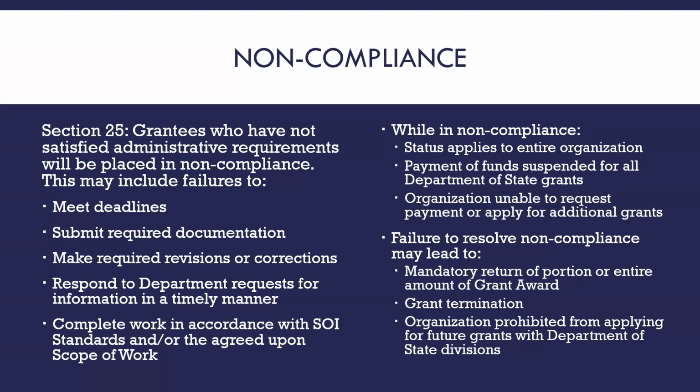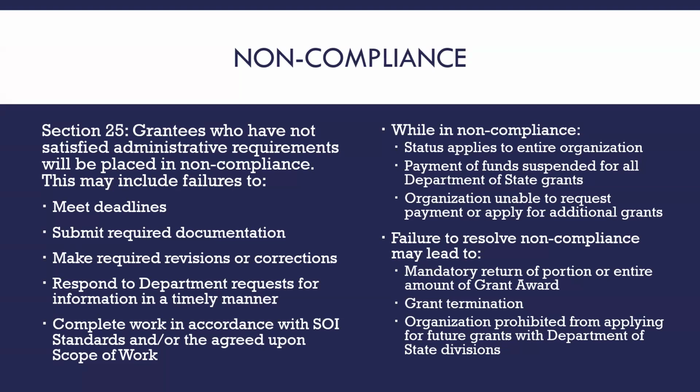You don't respond to our emails. You haven't completed work according to Secretary of the Interior standards, according to the scope of work. And as I mentioned, if you're in non-compliance, that means the whole organization is in non-compliance. So if the city of Hollywood is in non-compliance for an arts and culture grant, and they have an AACH grant too, they're in non-compliance for all of it.